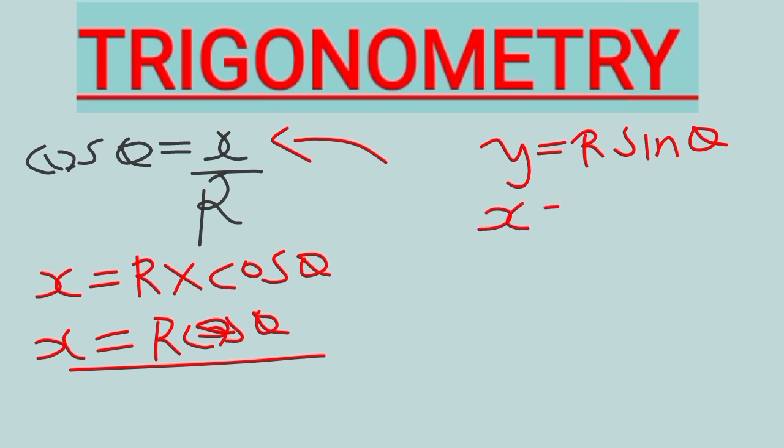So x will be equal to r cos theta. These two are going to help us find the first identity of tan theta.